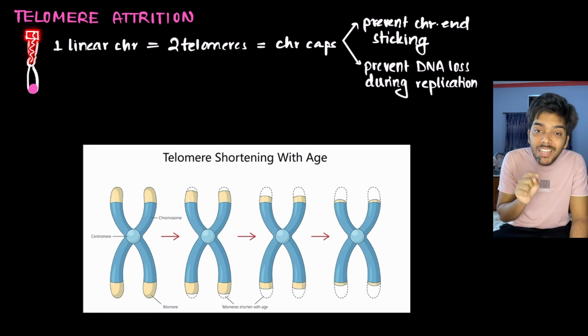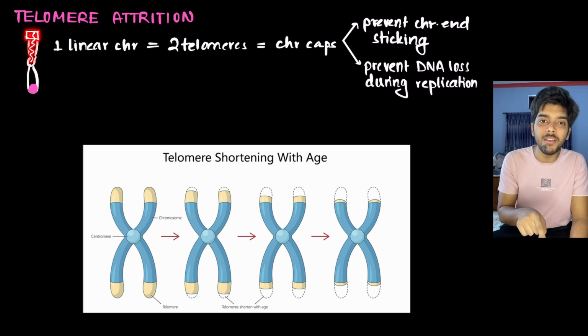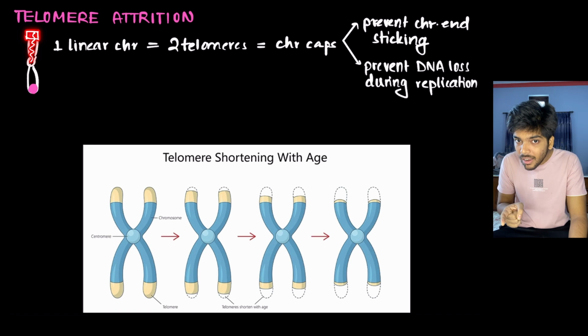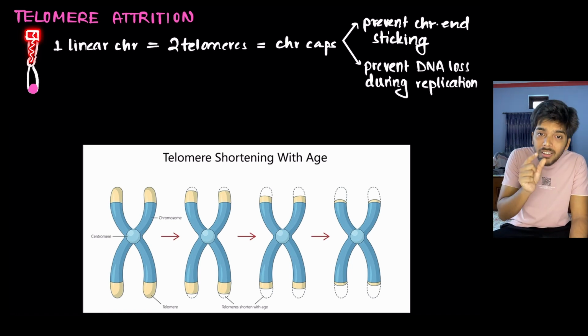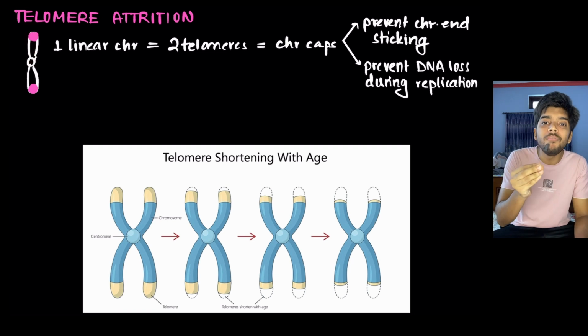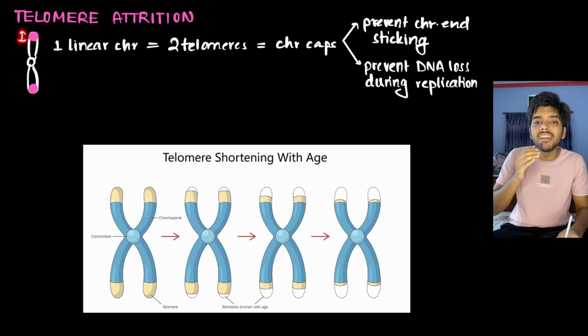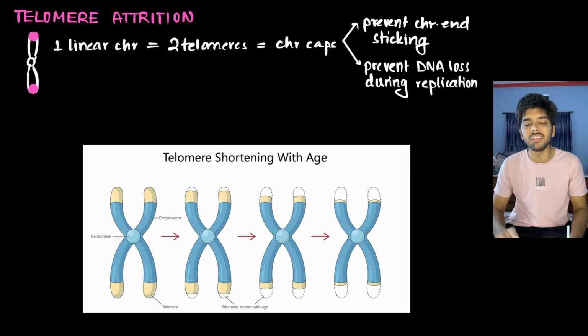We have the telomere, which is a non-coding part. So with every replication, due to end replication defect, part of the telomere does not get replicated. And that is why the length of the telomere gets shorter every replication.